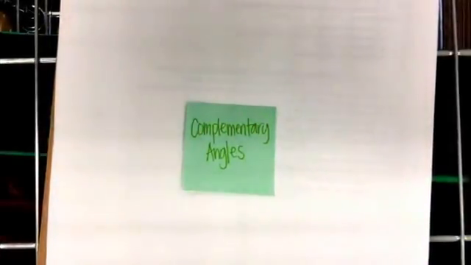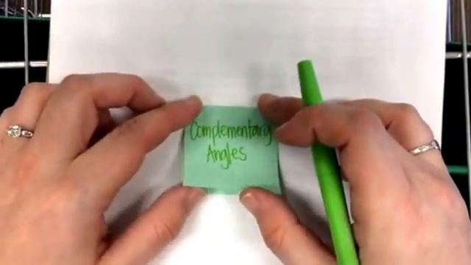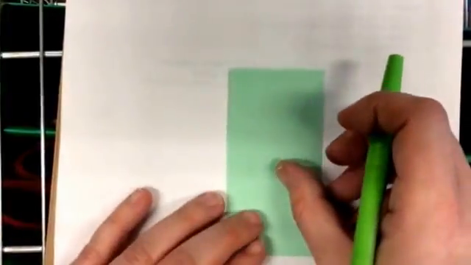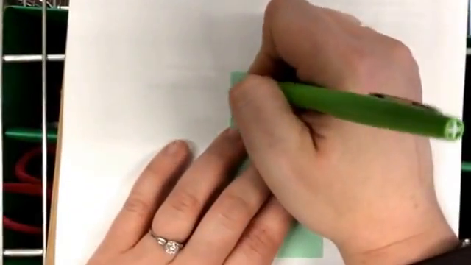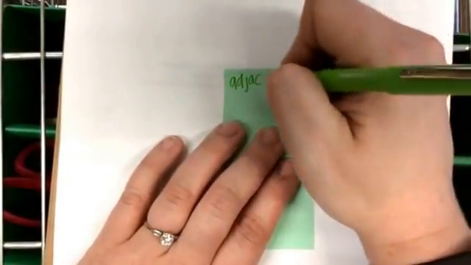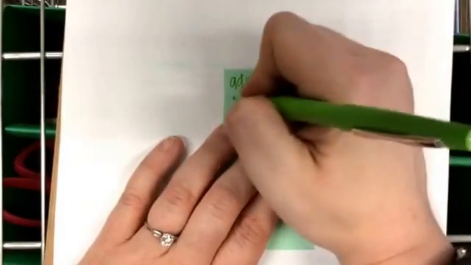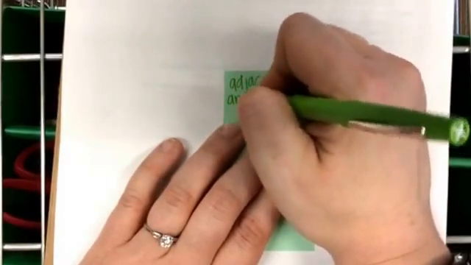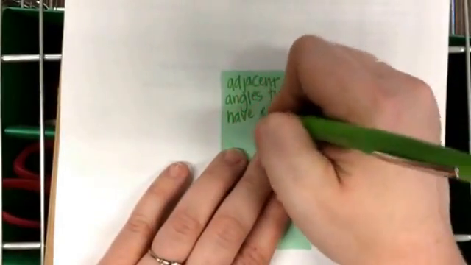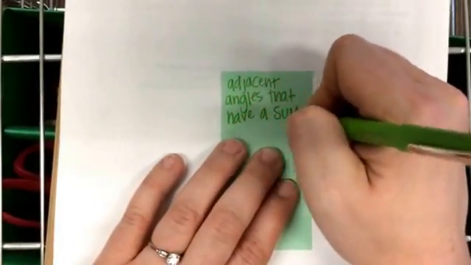Complement. Is it sort of like complementary colors? Kind of. They go together. All right. Anybody know what complementary angles mean? They are adjacent angles that have a sum.